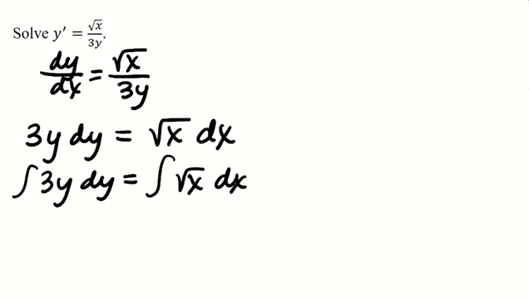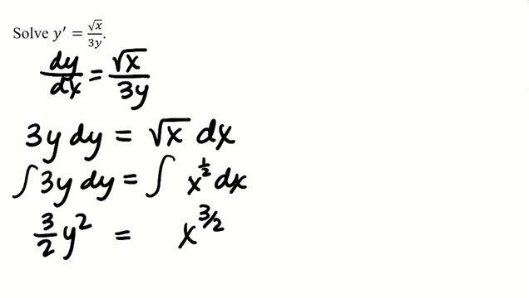Well, square root x is really just x to the 1/2 power. And an antiderivative for 3y is going to be 3/2 y squared. And this will be x to the 3/2, then we're dividing by 3/2, which is like multiplying by 2/3, plus c. And then I'm going to start trying to solve for y on its own.